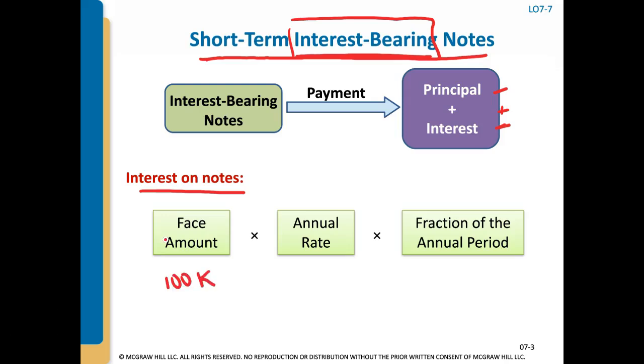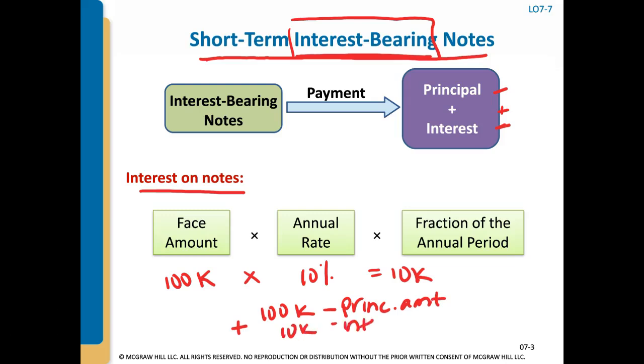I'm going to give them a full year to pay their invoice at a 10% rate, which is the market rate. Therefore, they're going to pay me at the end of that 1 year the $100,000, which is the principal amount, plus the $10,000, which is the interest on it. So in total, I will receive $110,000 at the end of the year.